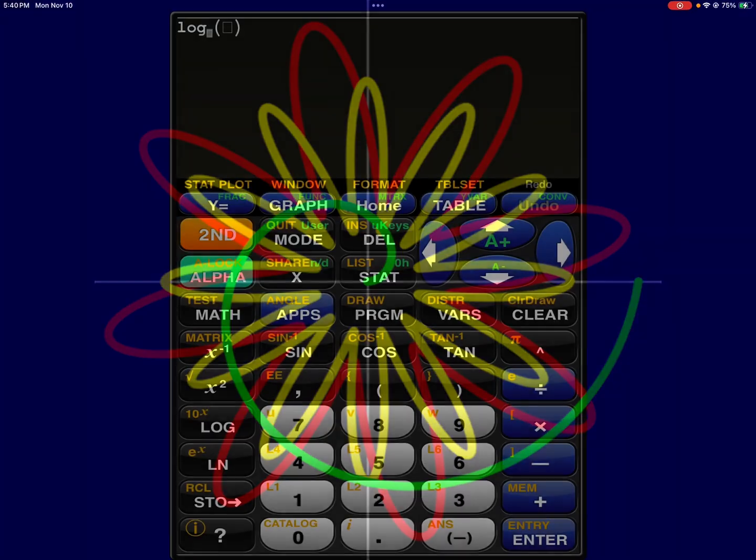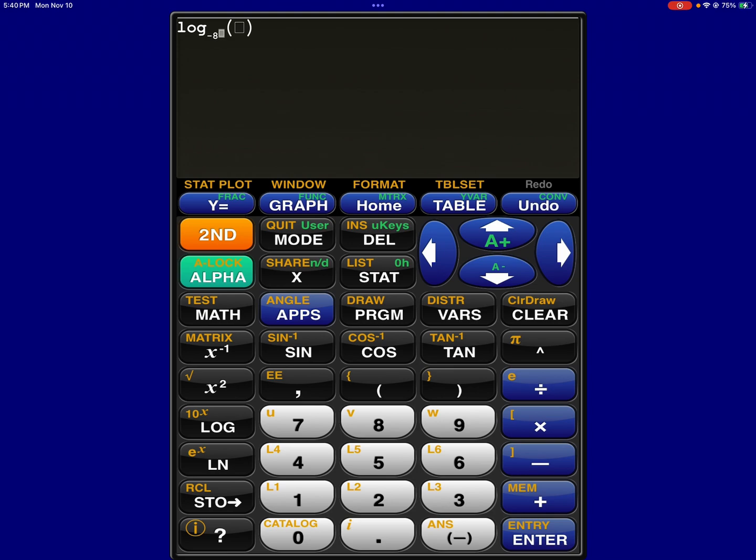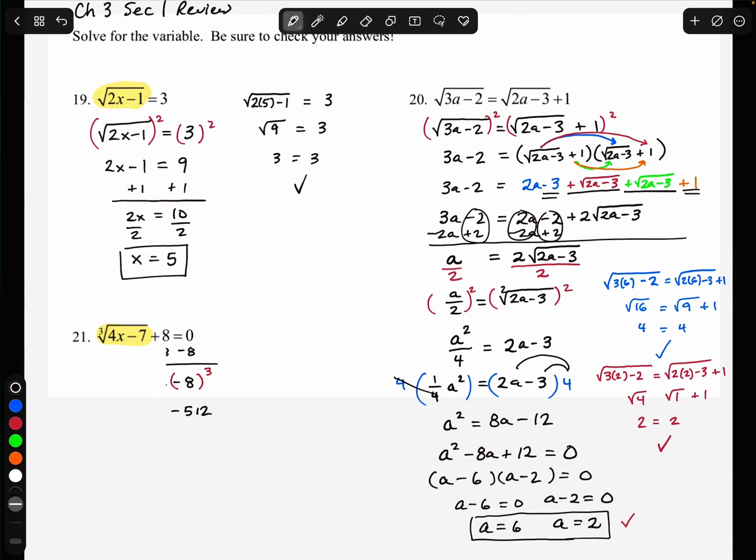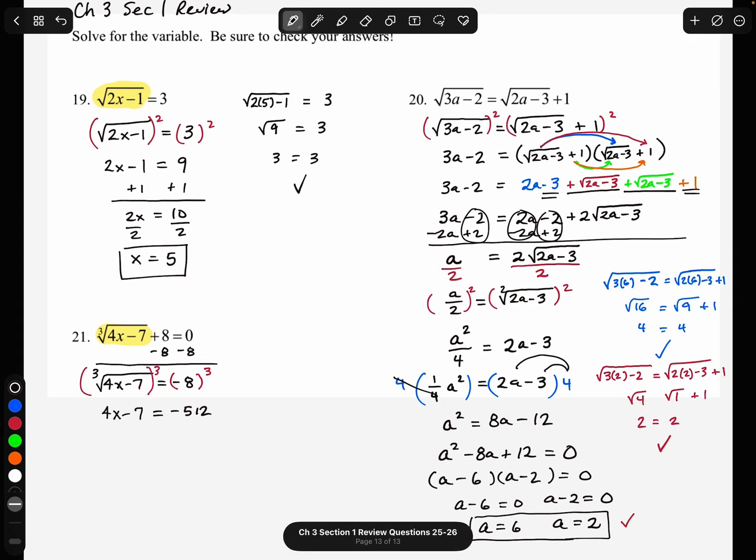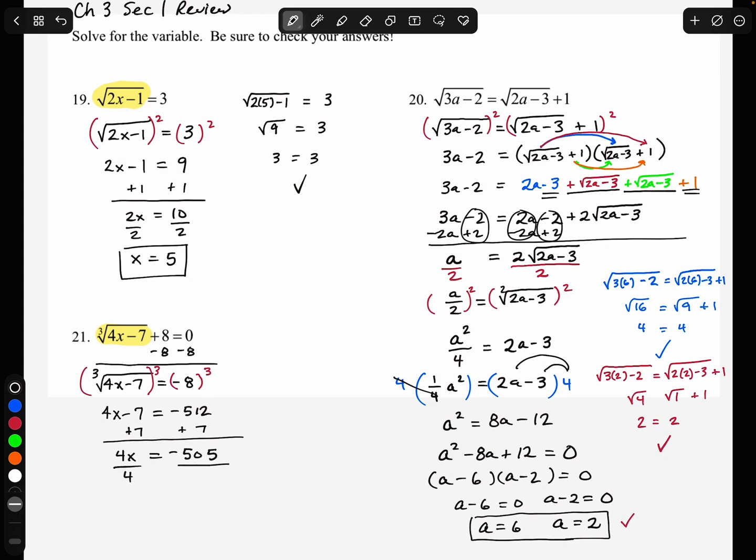Where's my calculator? We have negative 8 to the third power. Yep, negative 512. Okay, just making sure we're good. And then we're going to add 7. So right now 4x is equal to negative 505. And then we're going to divide it by 4.